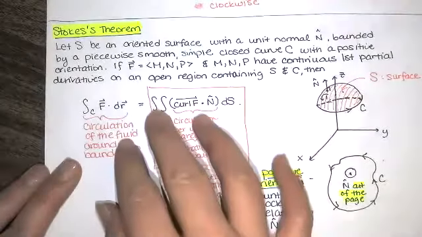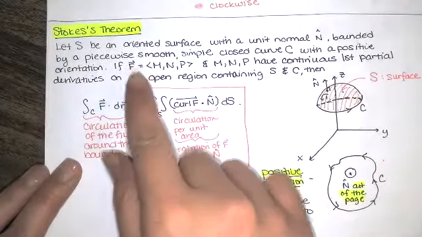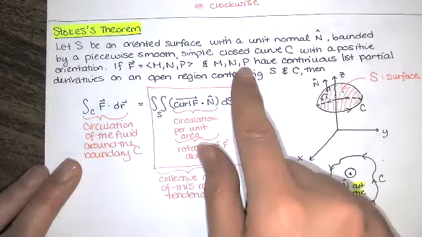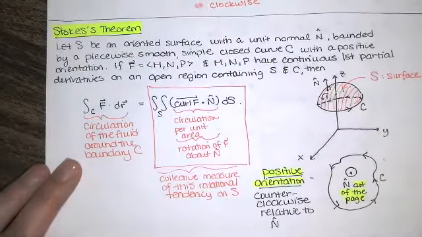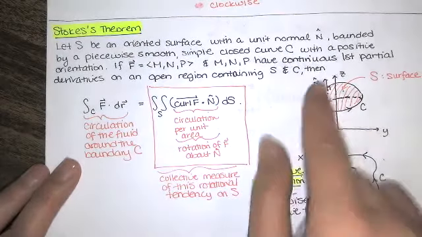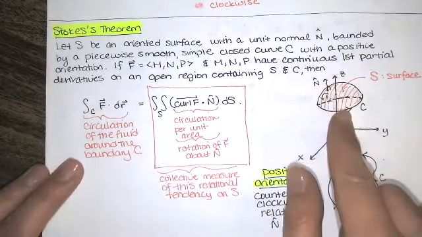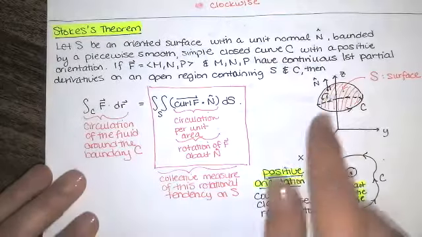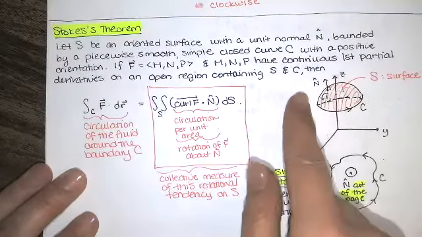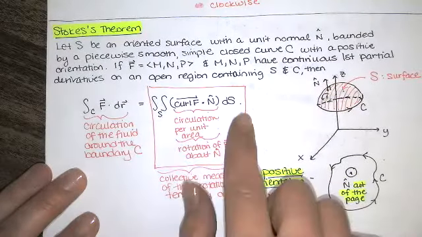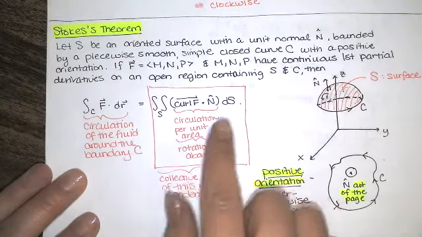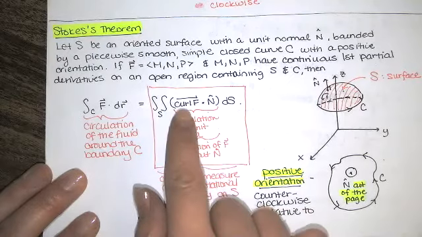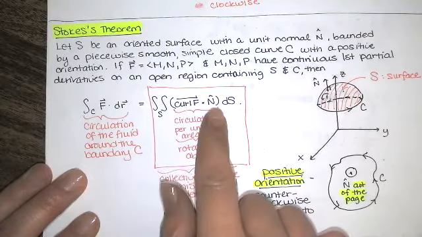If all of that's true, and our field has components that have continuous first partial derivatives on an open region that contains that surface S and that curve C, then this line integral, which represents circulation of the fluid around that boundary, is equal to this. So we've got the dot product of the curl of F with n hat.